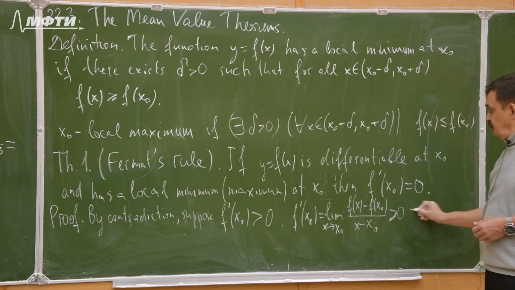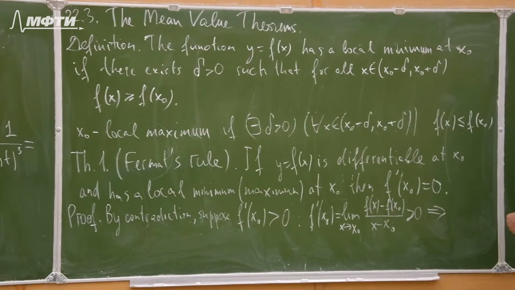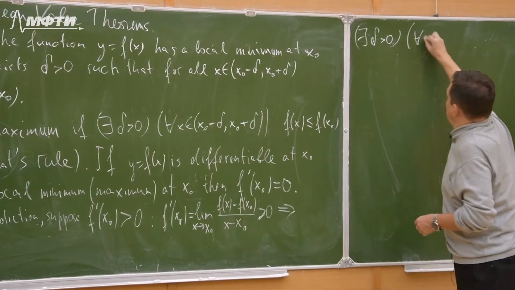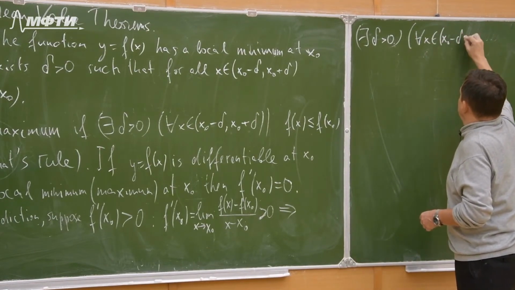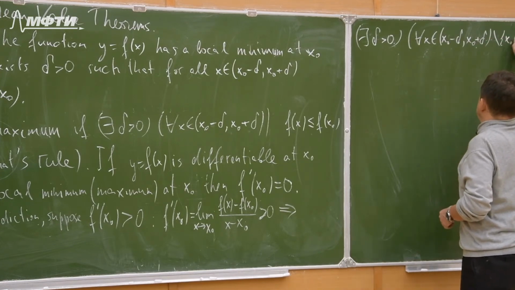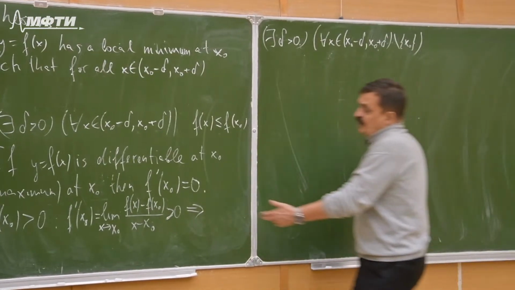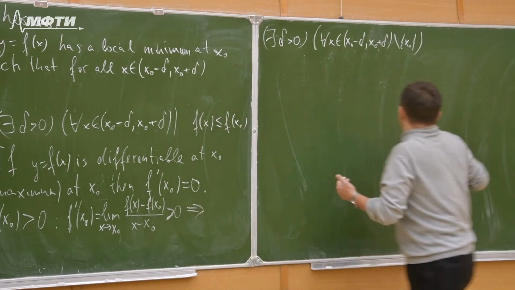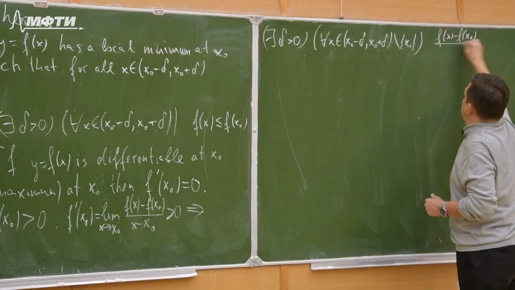Then it follows by properties of limits that there exists delta greater than 0 such that for all x from (x naught minus delta, x naught plus delta), except for the point x naught itself, of course, for all x from a punctured neighborhood, the function is positive as well. So if the limit is positive, then the function is positive.